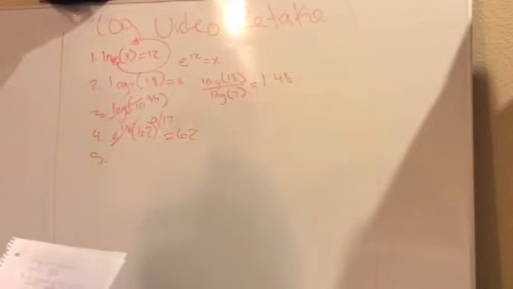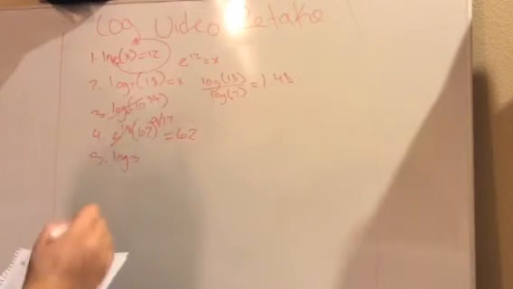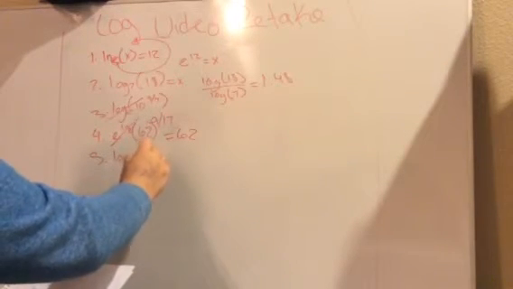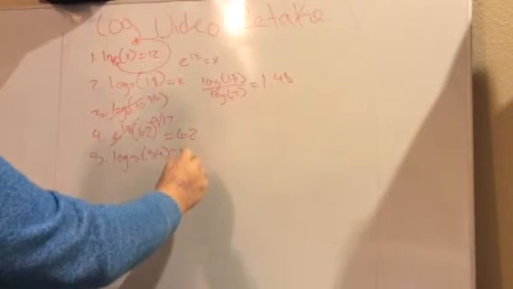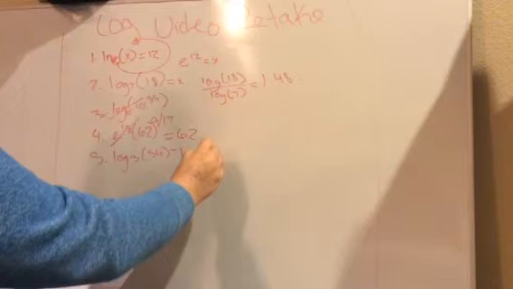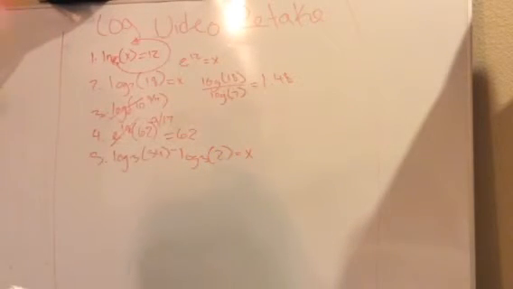Number 5, log base 3 of 54 minus log base 3 of 2 equals x. So for this one it's subtraction. So this would be using division.